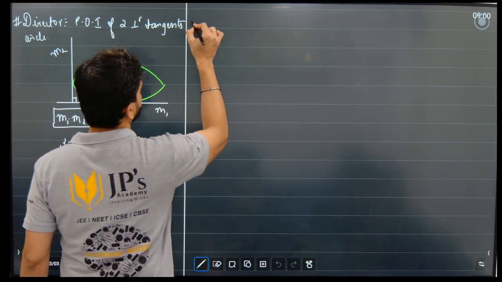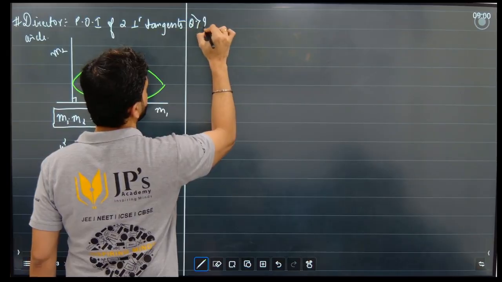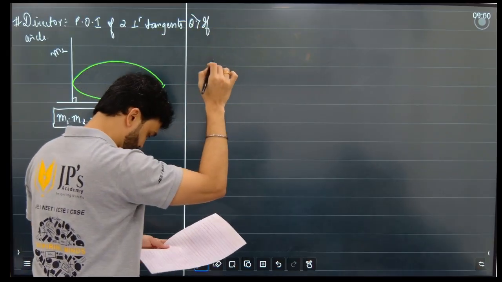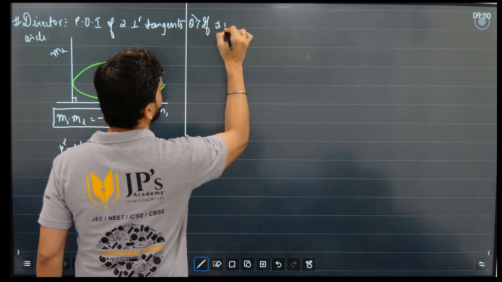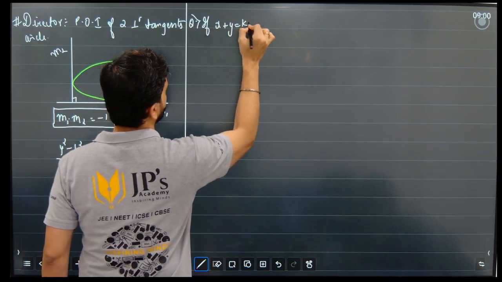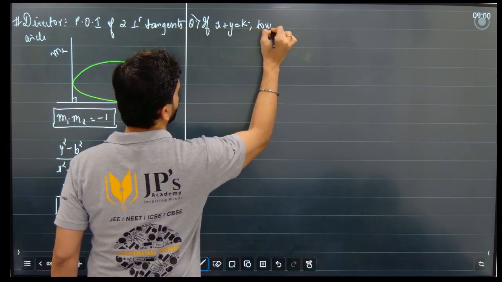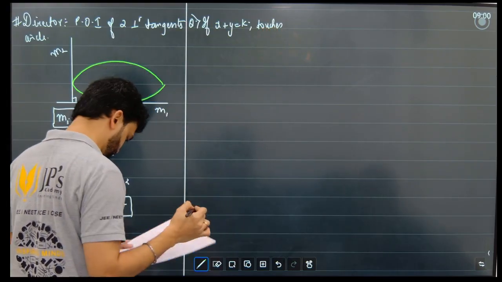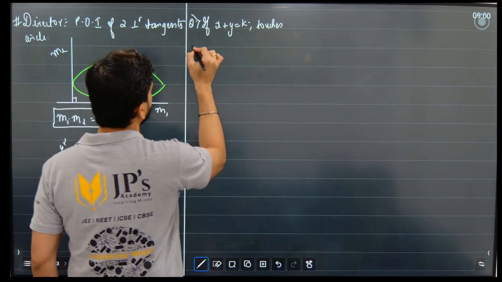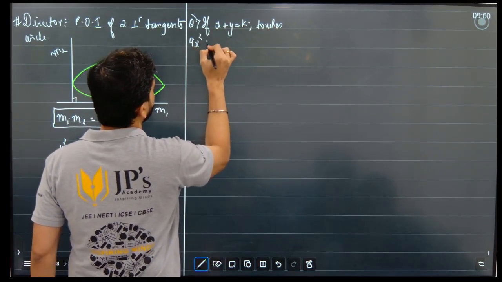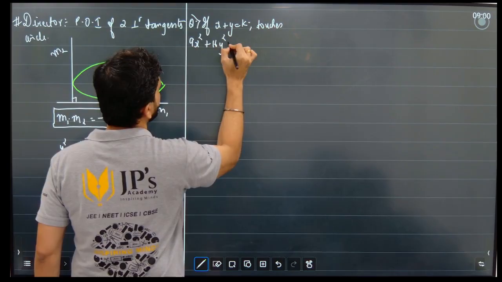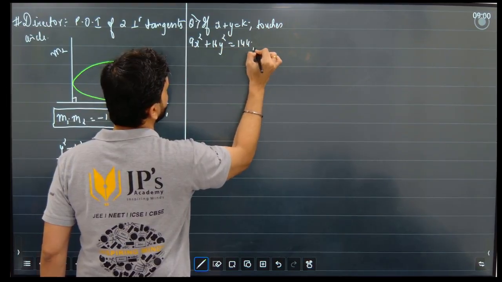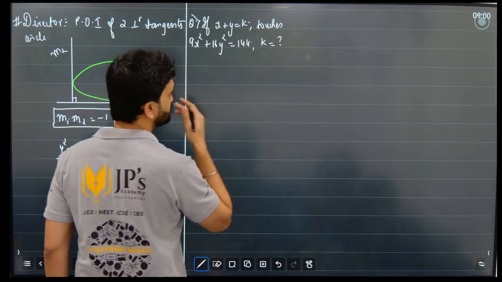Now, the question says if x plus y is equal to k, this is a line, it touches 9x square plus 16y square is equal to 144, and k is equal to question mark.